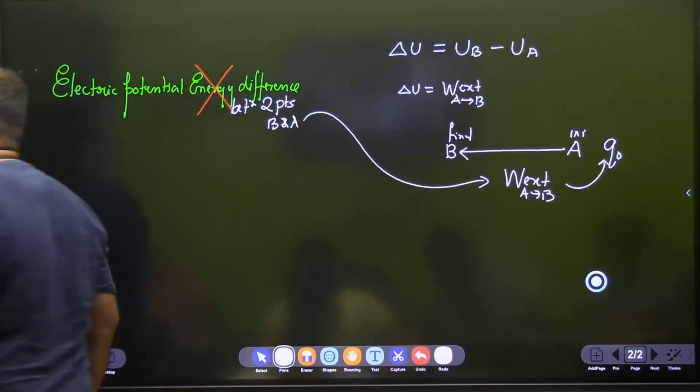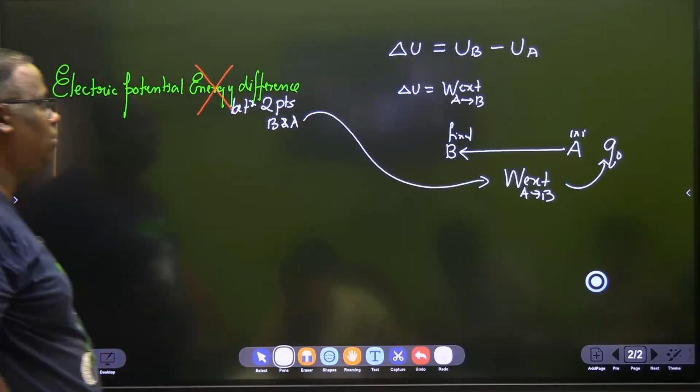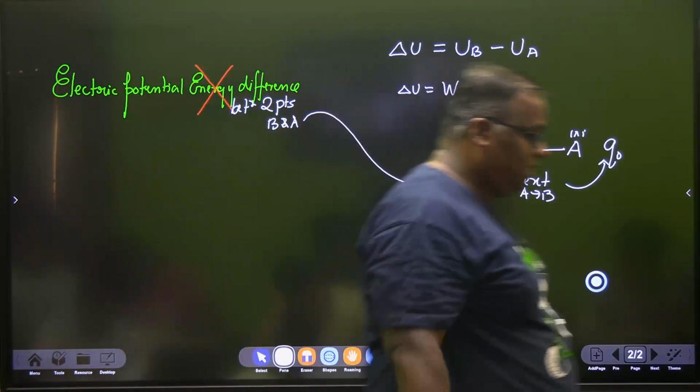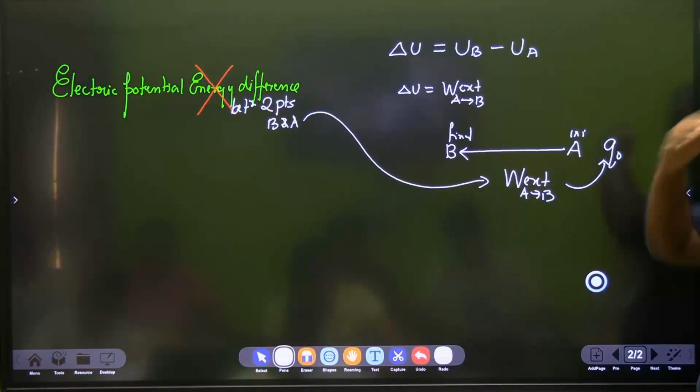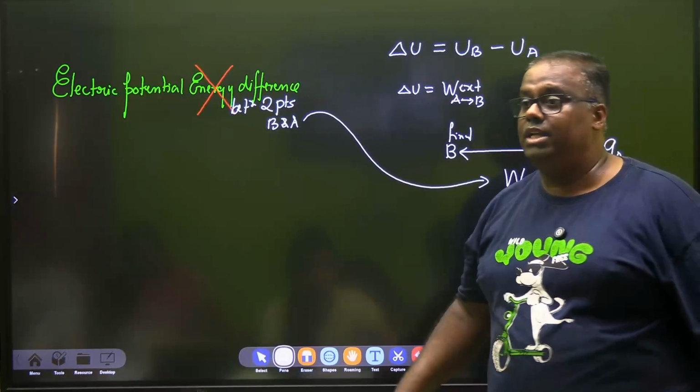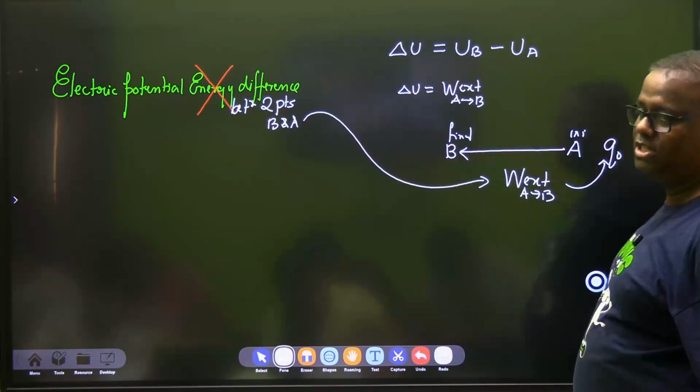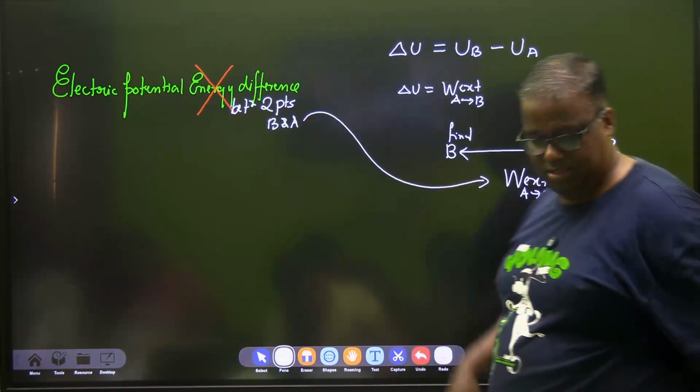Right? And now you come to the mathematical form. You cannot write so much English, so you write this as W_ext A to B. It is the external work done to move a charge from A to B. Okay?